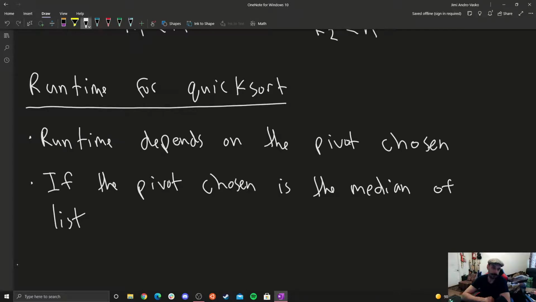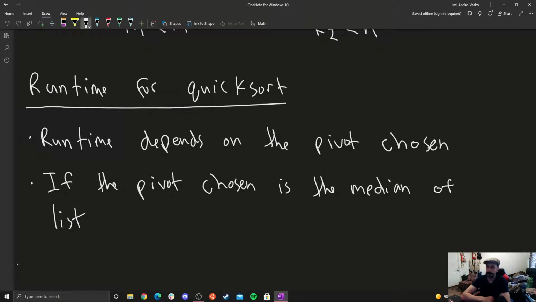If that happens, then the partition, the i and j counters as they're moving across the list, will meet in the middle, because exactly or roughly half of the elements will be smaller than the pivot and the other half will be larger than the pivot, so it will break the list in half.